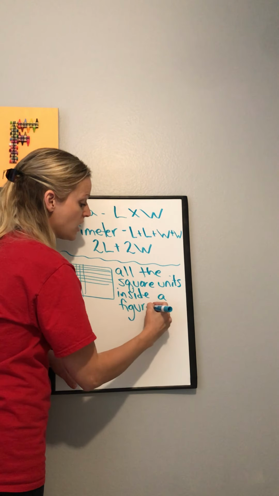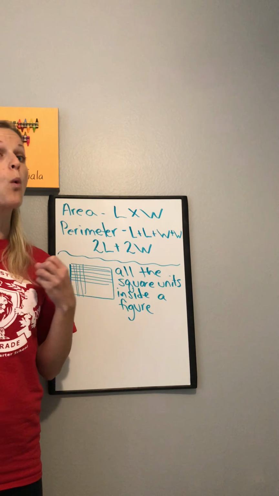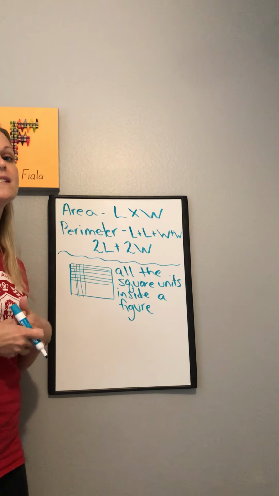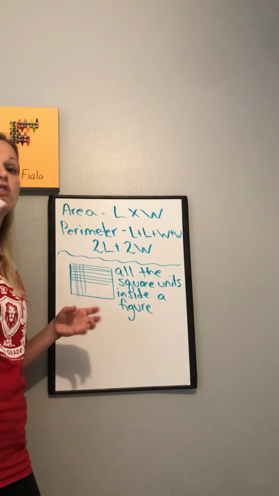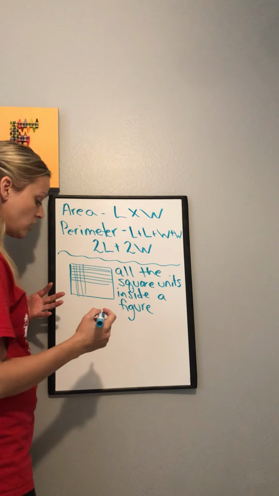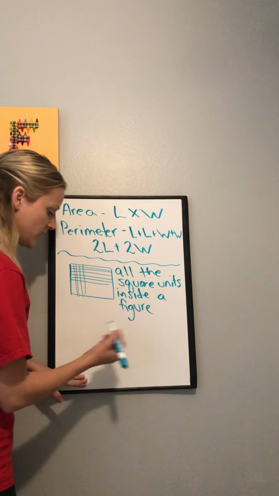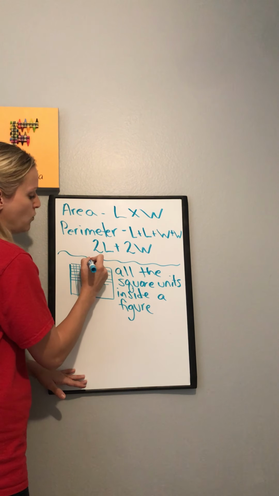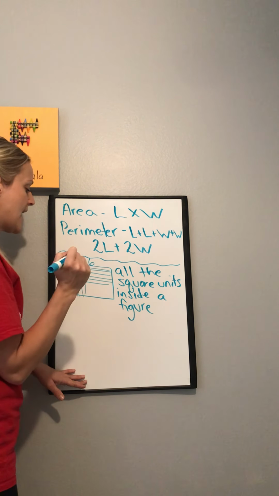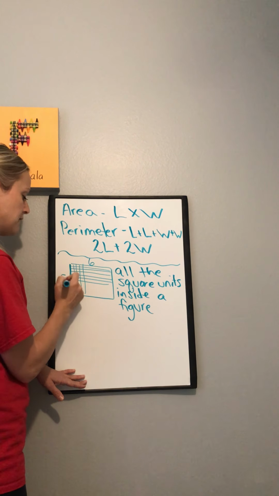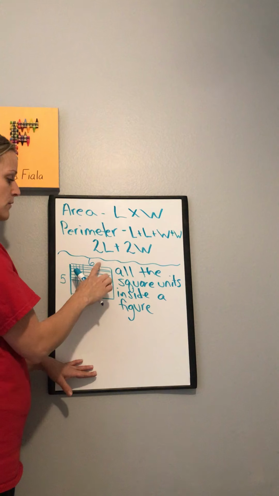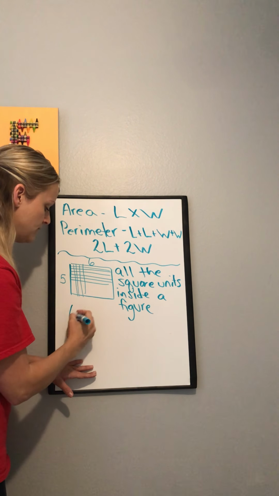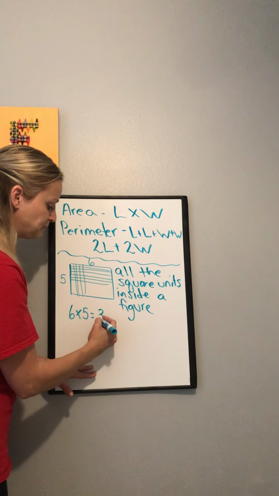And now when we talk about area, since we're talking about square units, we're talking about that as squared. So for example, if my length here was 6 and my width was 5, just for an example, we have to do length times the width. I'm going to do 6 times 5, and that equals 30.